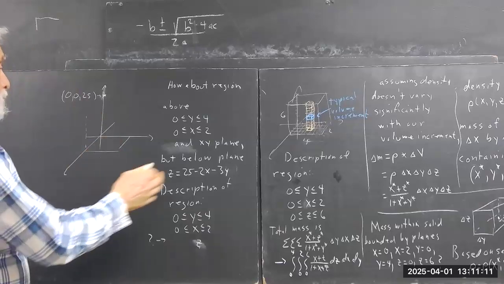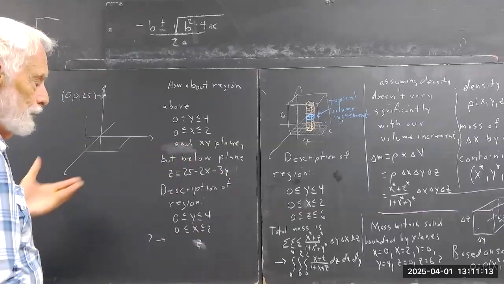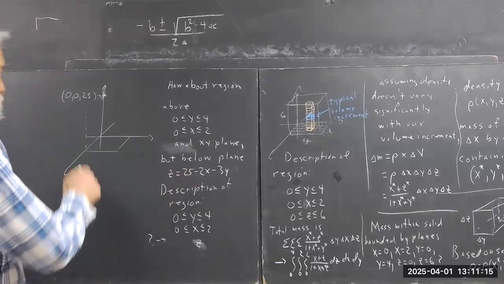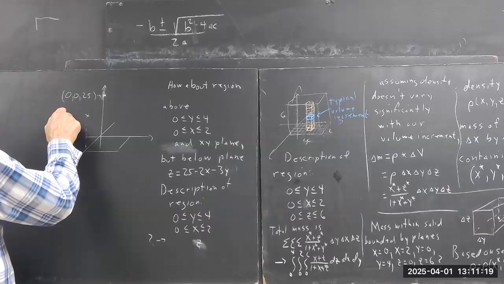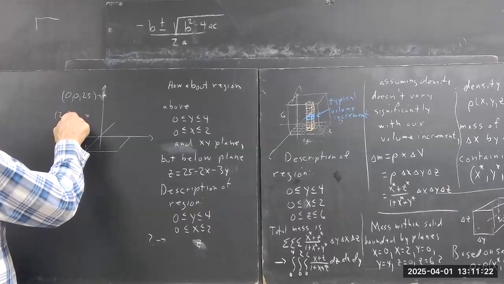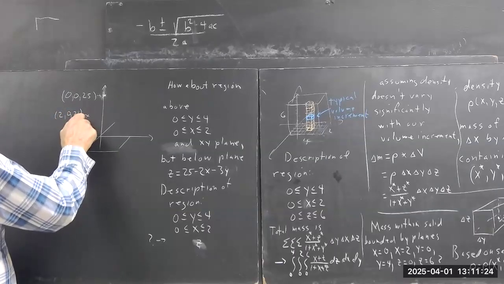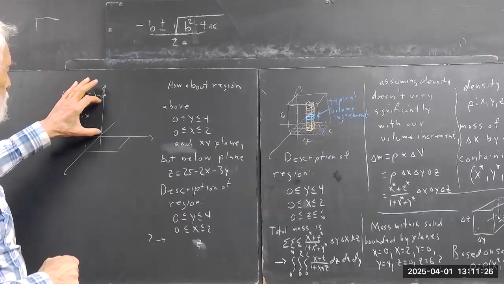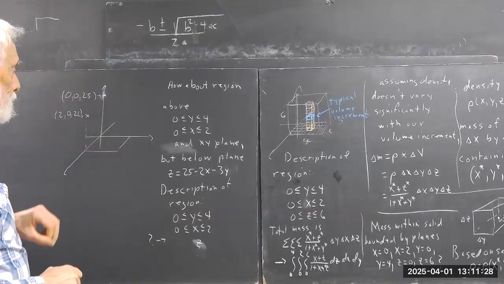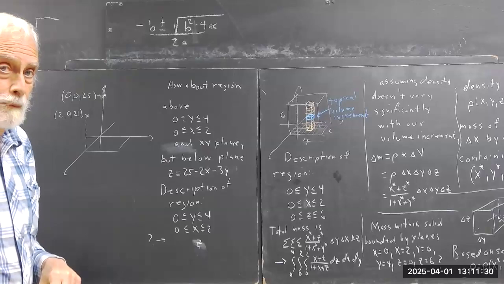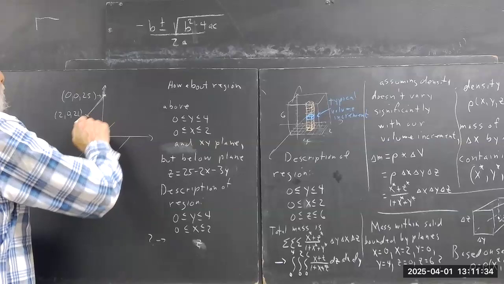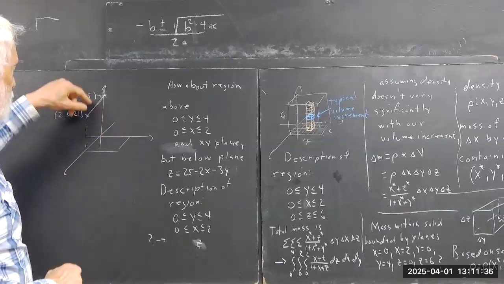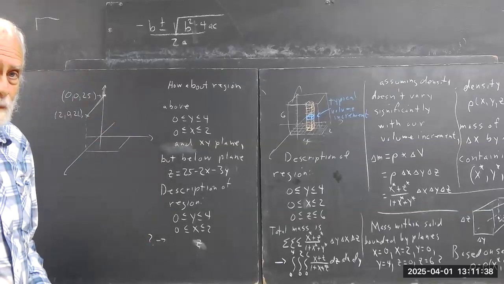Well, when x goes up to 2, 25 minus 2x is 21. So I'm going to say this is the point 2, 0, 21. It's not quite as high as this one. And in the XZ plane, right there is our trapezoid.